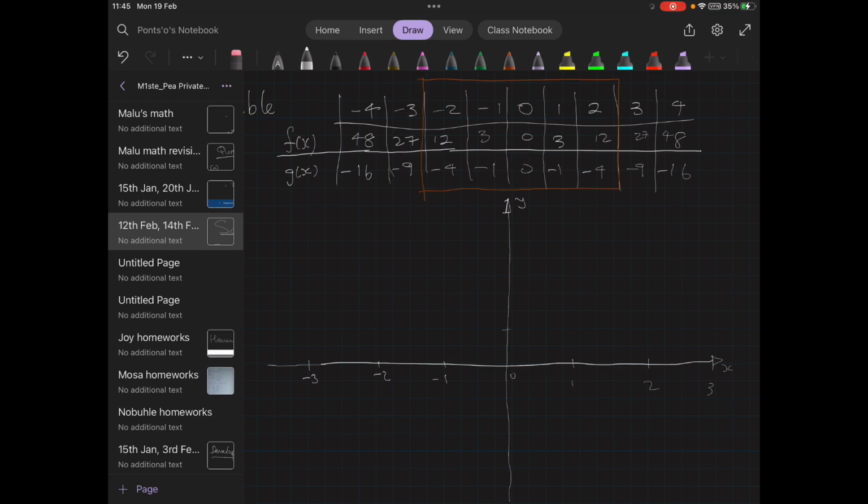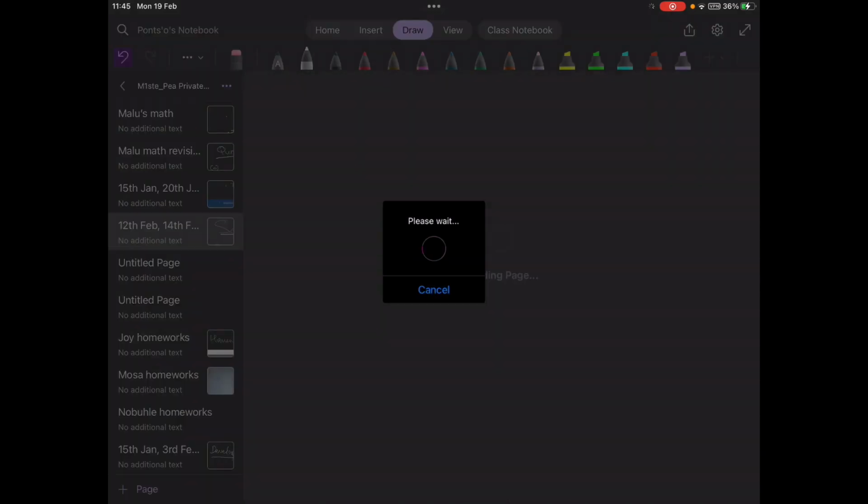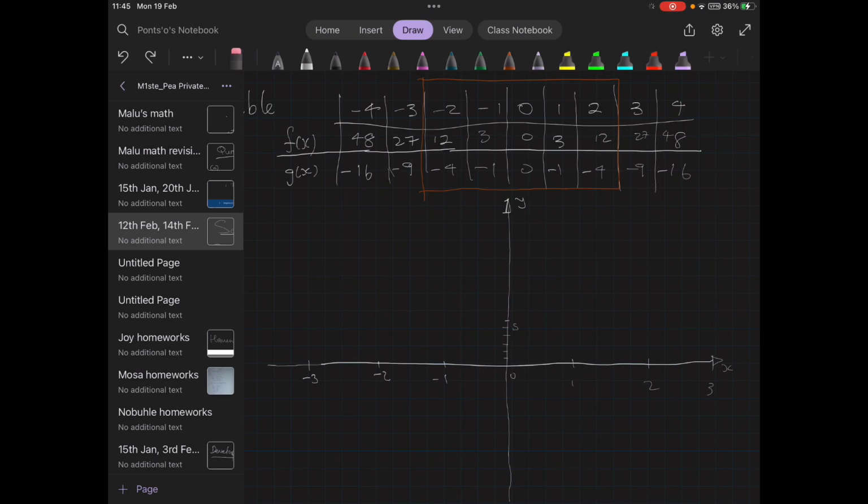So maybe we can plot 5, that's too low. 1, 2, 3, 4, 5, 6, no. Let's do this faster.